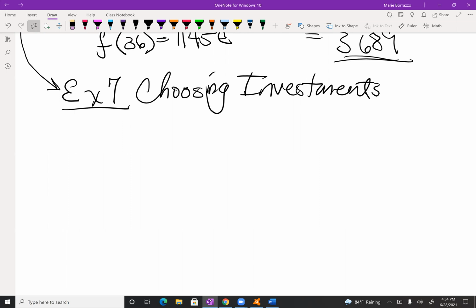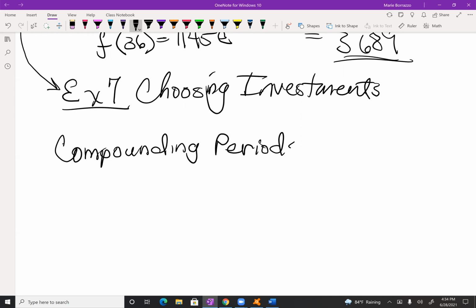Formula 1 is for compounding periods. In this investment, they're going to ask you to use where A, or future value, is equal to the principal amount times 1 plus the rate over n raised to the n times t.